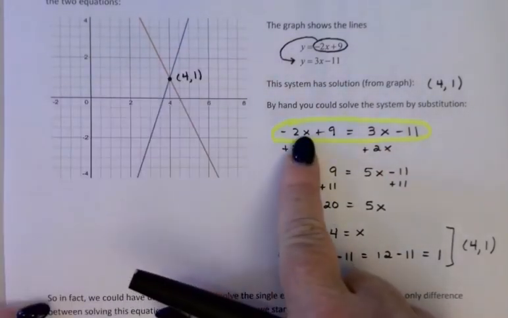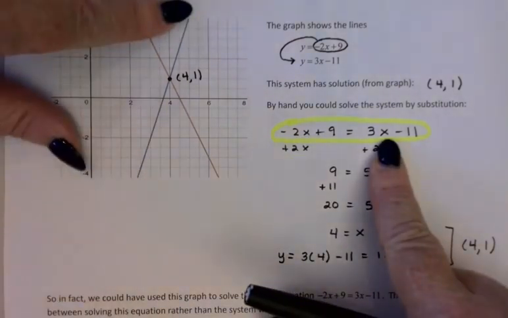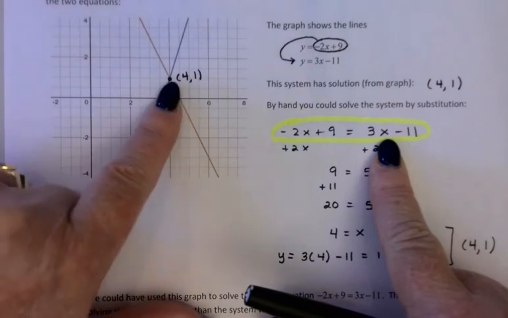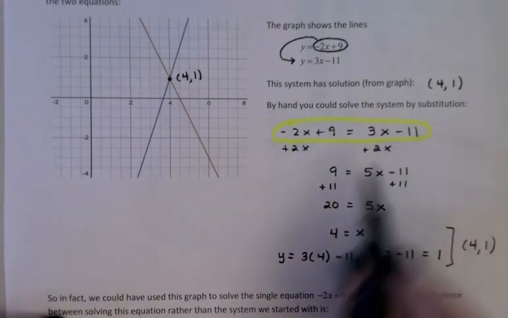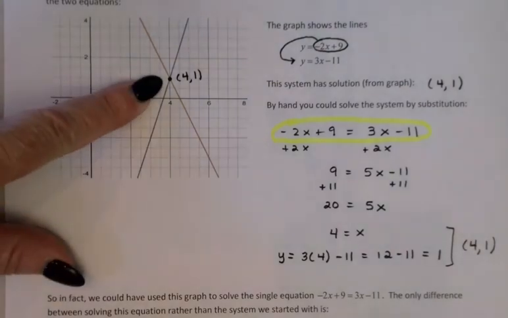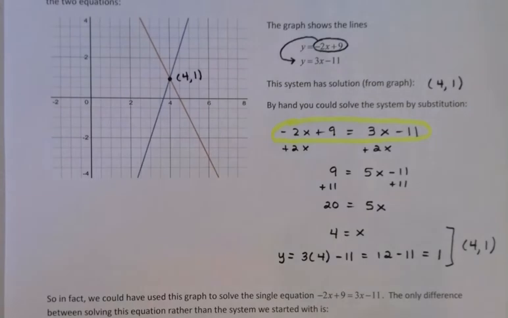We could have graphed this side and gotten the red line, graphed that side and gotten the blue line, and looked for the intersection point. That leads us to the technique that we're going to use for solving quadratic equations graphically, or really, for that matter, any equations graphically. If we simply graph each side as a separate equation and look for intersection points, we'll have the solutions to our system, or to our original equation.